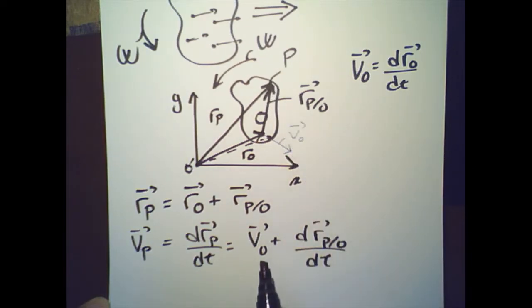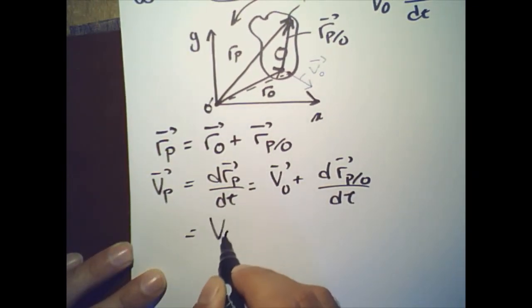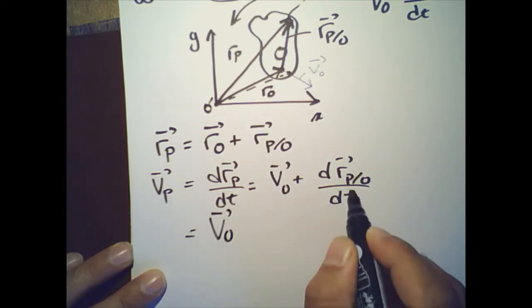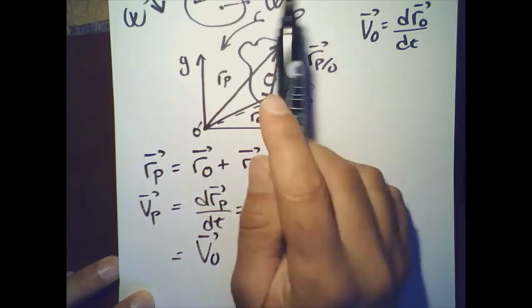All right, so here I have Vp is equal to Vo plus d rpo dt, and now I'm looking at how that vector is changing. So here's what we're going to introduce. Vo will be the same, but the derivative of a vector, this vector, is being rotated by this angular velocity.